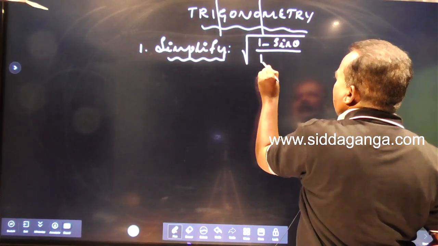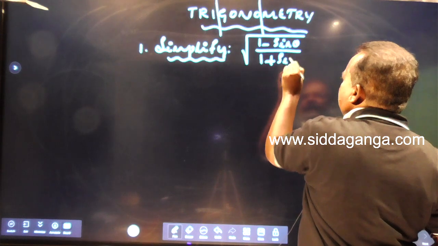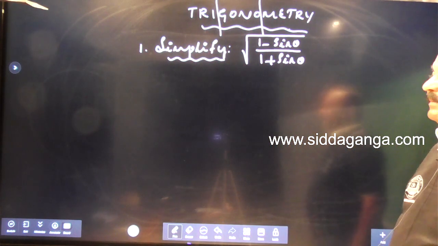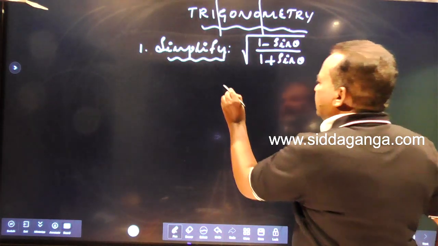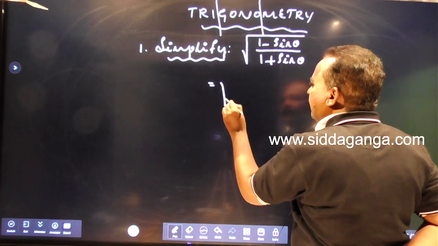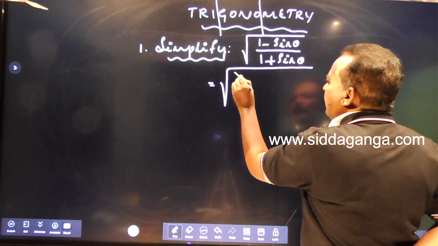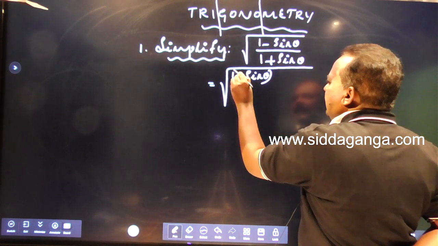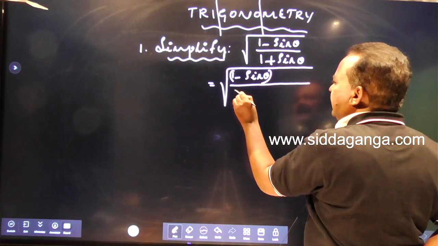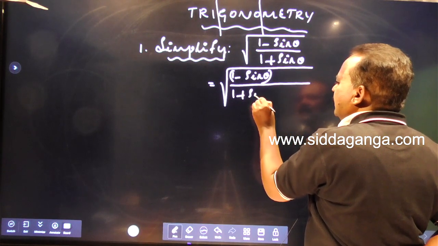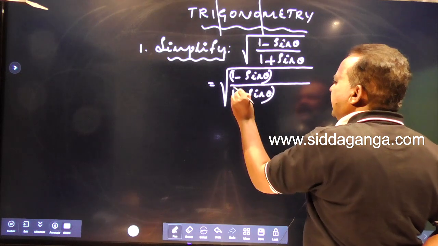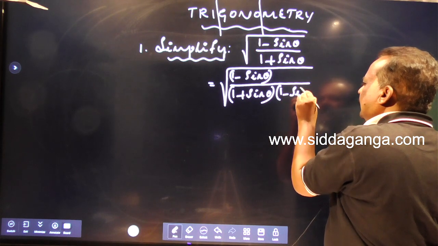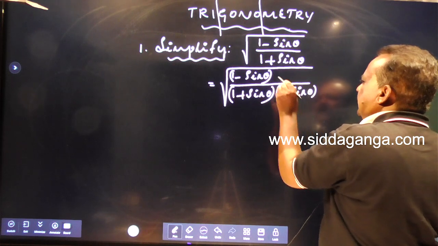Square root of 1 minus sin theta divide by 1 plus sin theta. Okay? Yes. Square root of 1 minus sin theta divide by 1 plus sin theta. 1 plus sin theta is there, multiply it with the opposite sign. 1 minus sin theta.